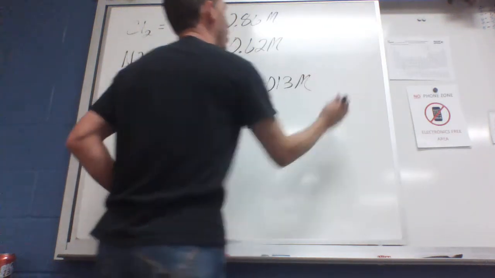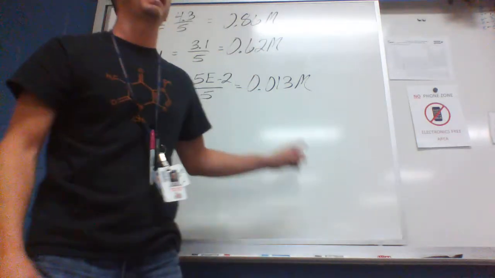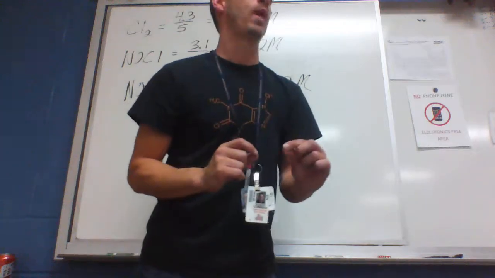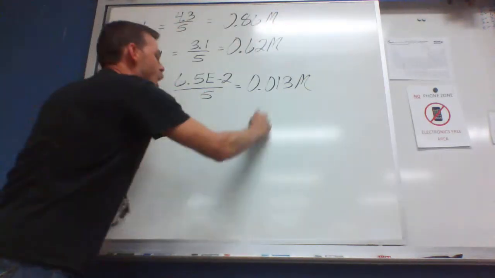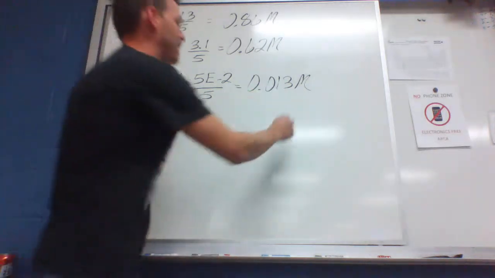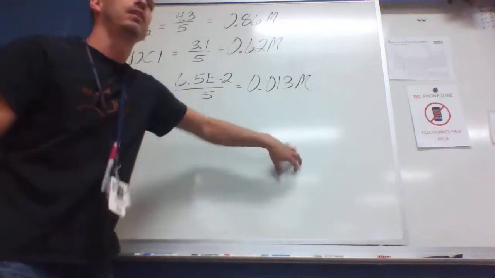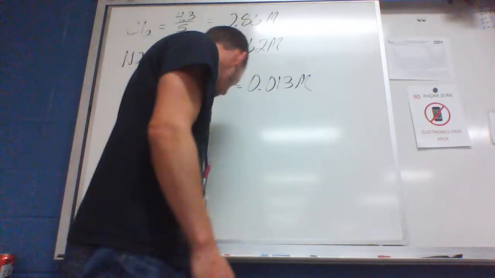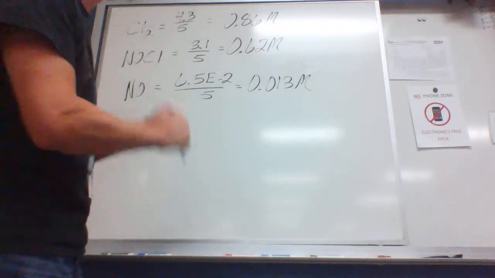All right, cool. So I know what to put into my equation now. What's the next thing you should do on AP at this point? Write an unsubstituted equation. You should write K equals, and then your products, NO to the power of 2 times Cl2 to the power of 1 over your NOCl to the power of 2. Write the unsubstituted equation first, but I'm going to continue due to time constraints on that bell.